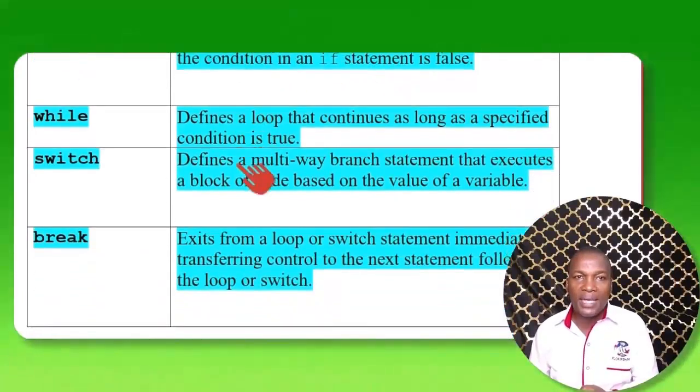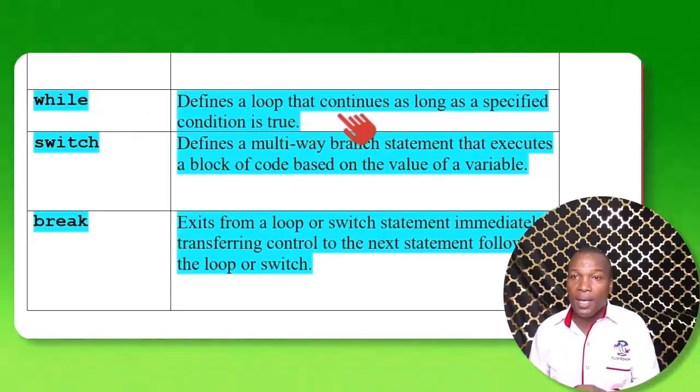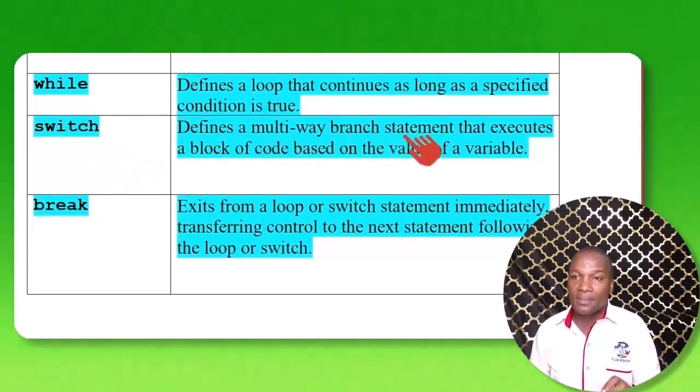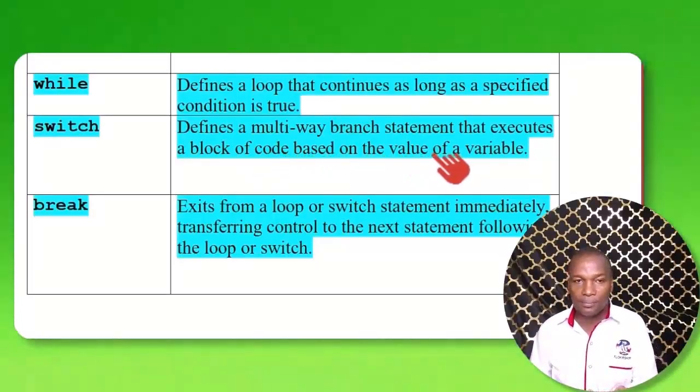The next keyword is while. The keyword while defines a loop that continues as long as a specified condition is true. Then we have the keyword switch, which defines a multi-way branch statement that executes a block of code based on the value of a variable.